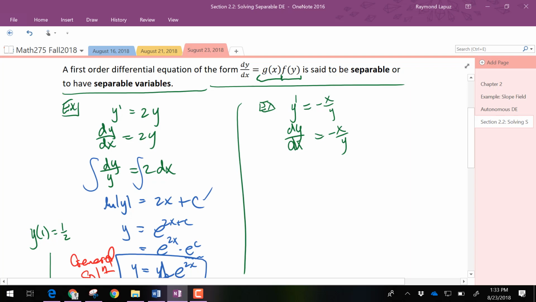Looks like I can bring the y over to the other side. Y dy is equal to negative x dx. And then here at this point we integrate. And then we have y squared is equal to minus x squared. Oh, there's an over 2. Plus c.